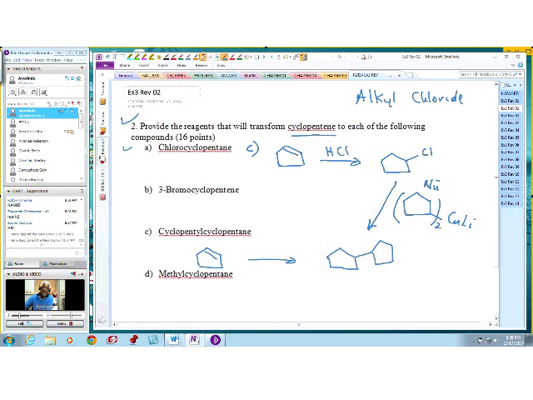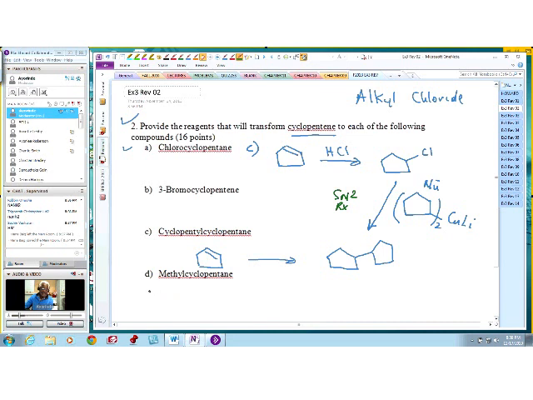This is another SN2 reaction, in which the alkyl group is acting as a nucleophile. Consider that this carbon is negatively charged and attacks this carbon, because the chlorine attached to a secondary carbon is a good leaving group, and that is an SN2 reaction to form this.